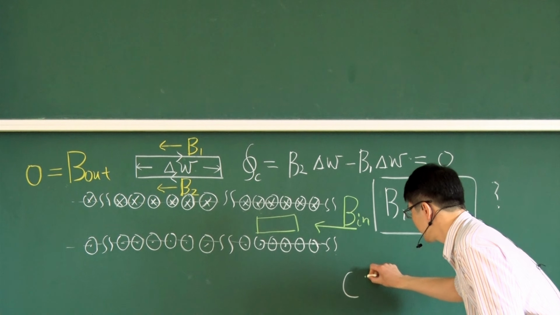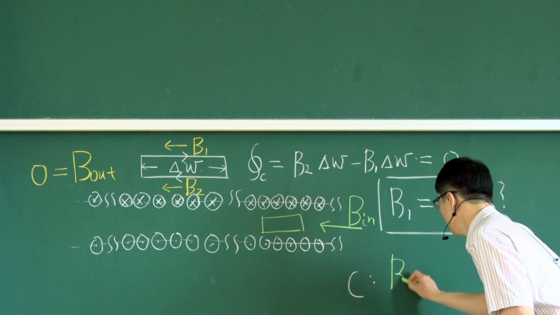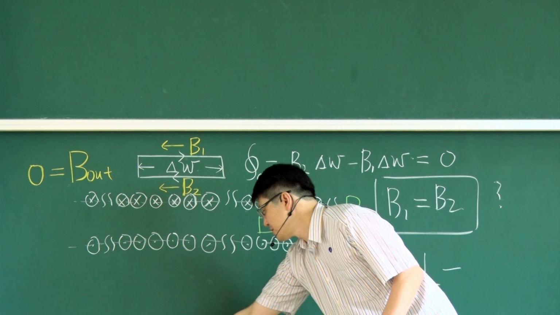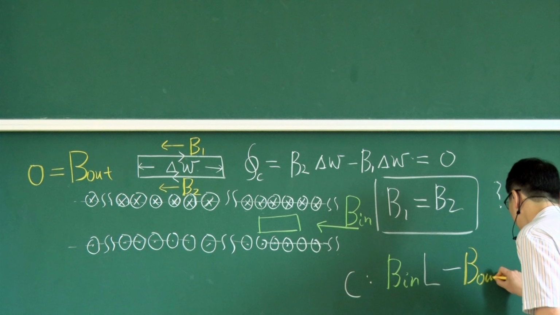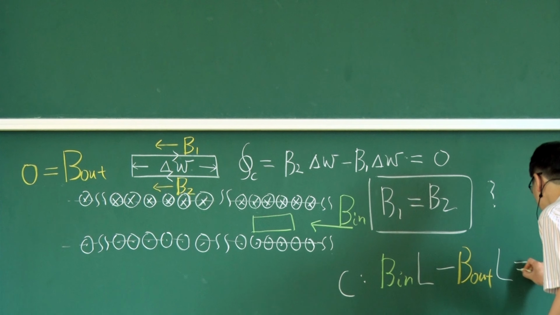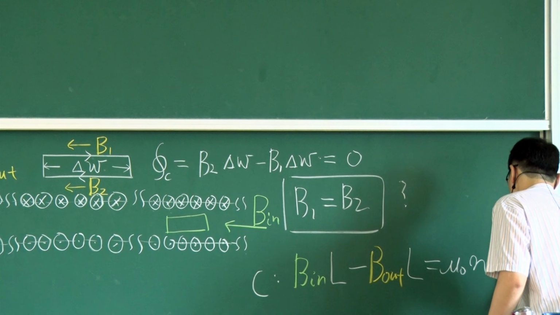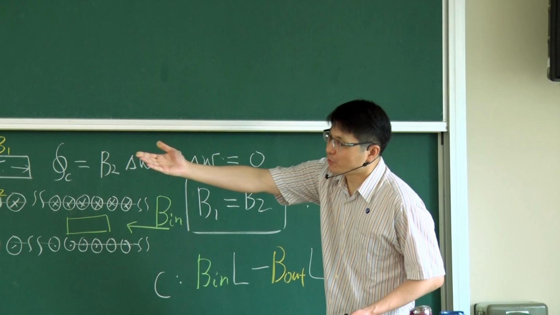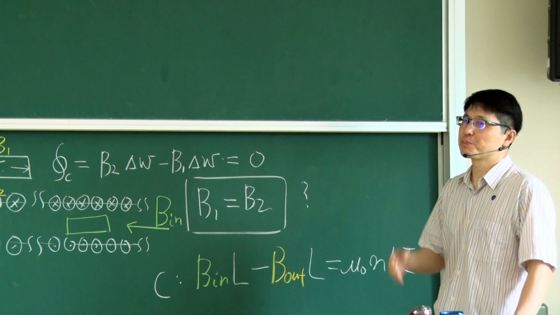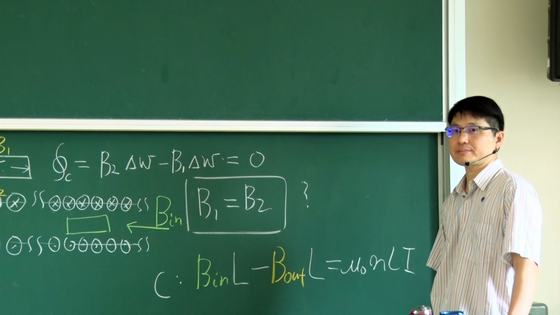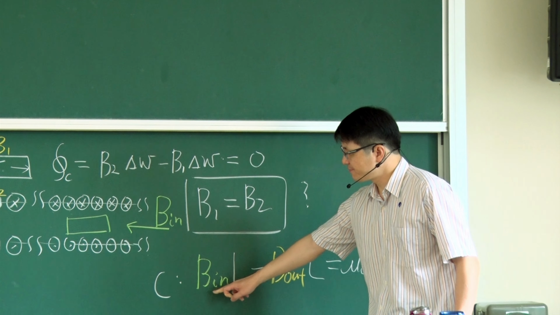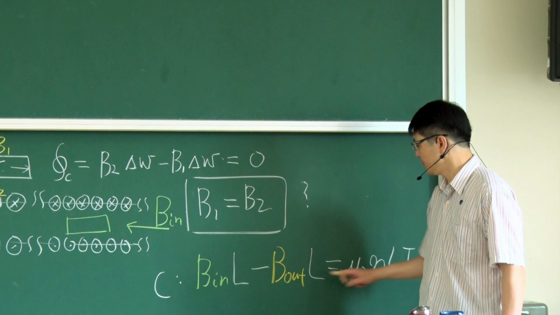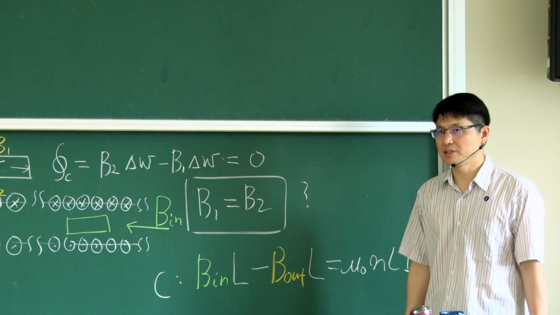If you use loop C, all you have is B in times L minus B out times L is equal to mu 0 N L I. The ugly truth is, if you really use closed loop C to perform the evaluation, this is what you get: the field inside the solenoid minus the field outside the solenoid is equal to the total current encompassed.